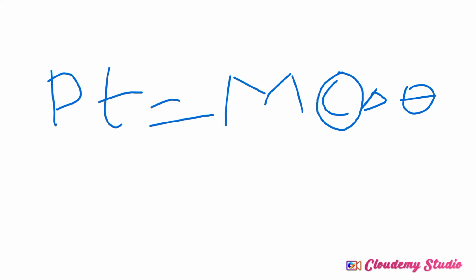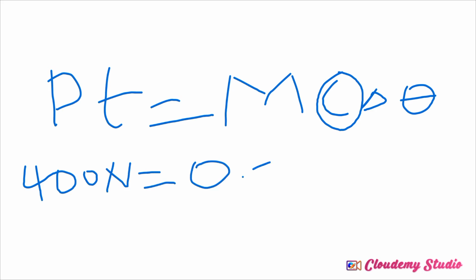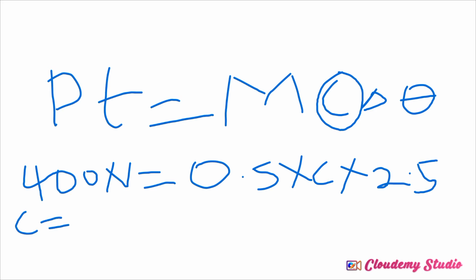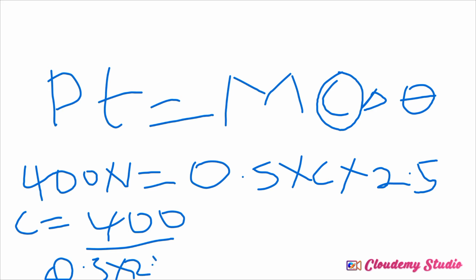So we have 400 times 1 equals 0.5 times C times 2.5. So basically we'll have C equals 400 over 0.5 times 2.5.